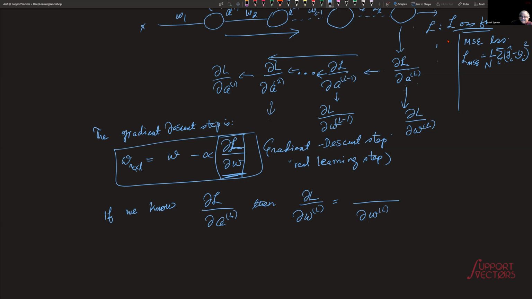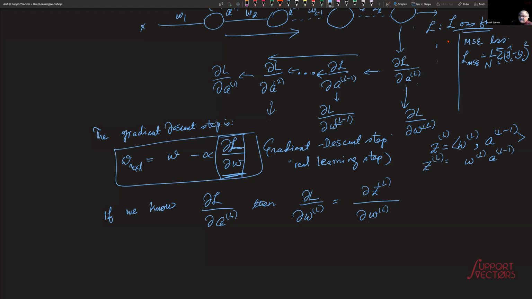A small change in the weight will change the Z of that layer. ZL is the inner product of the weight and the inputs. What is the input? A L minus 1. In the one-dimensional case, it just becomes WL times A L minus 1. So this is ZL.